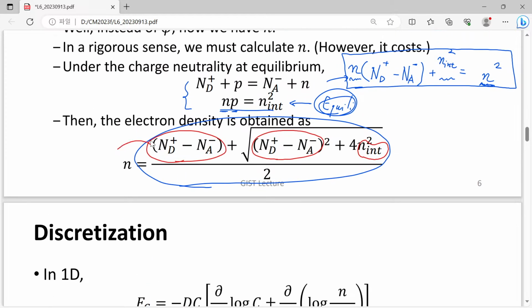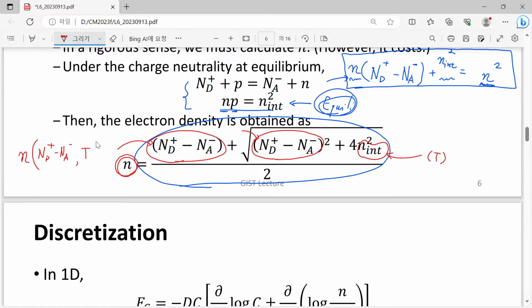then, following the solution here, when you have the doping density and intrinsic carrier density at a given temperature, you can now consider the electron density at a given temperature. So simply speaking, this n can be a function of the net doping density and temperature.